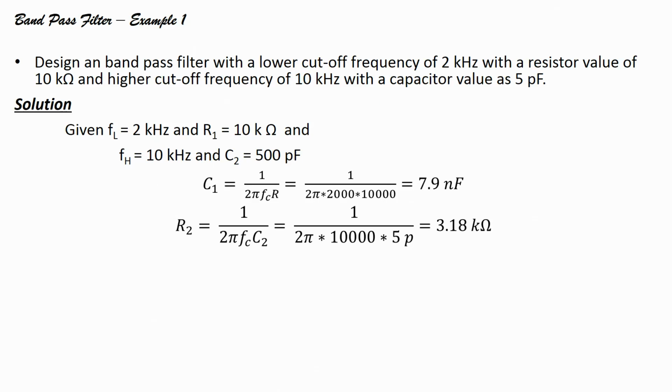Let us take an example to make it easier. Design a band pass filter with a low cutoff frequency of 2 kilohertz and a resistor value of 10 kilo ohm, high cutoff frequency of 10 kilohertz, and a capacitor value of 500 picofarad. So, what is given?